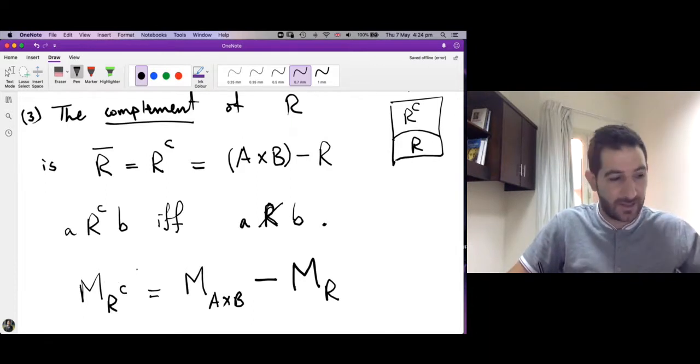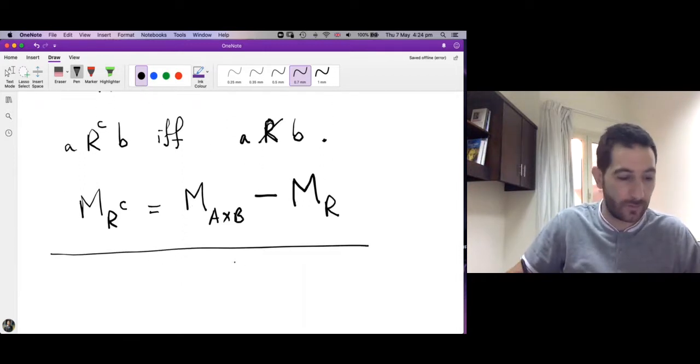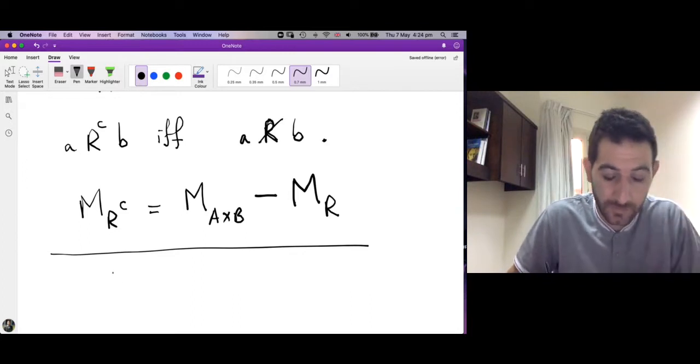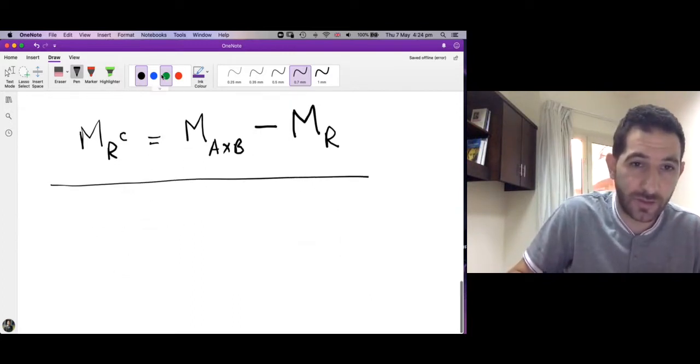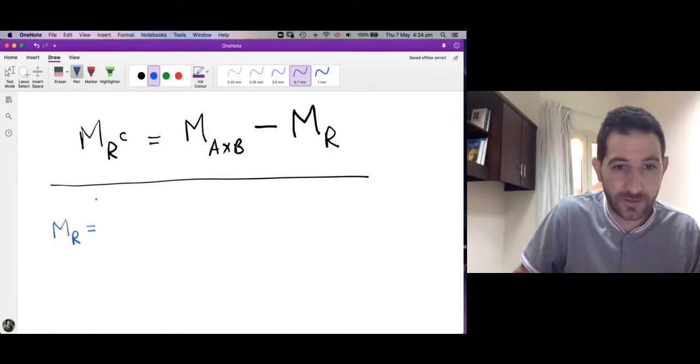Okay, let's take an example on these three ideas: the union, the intersection, and the complement. So suppose we are given two relations on the same set.